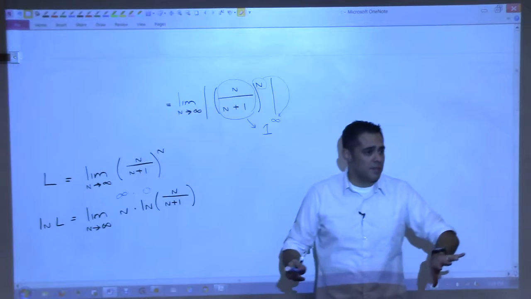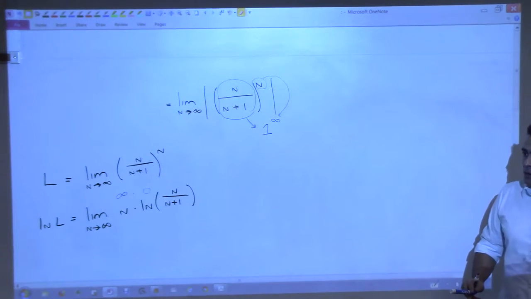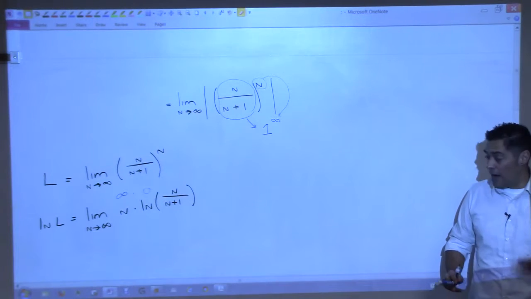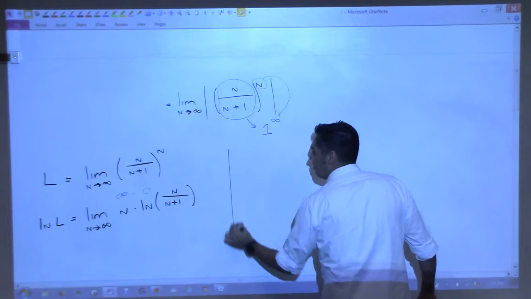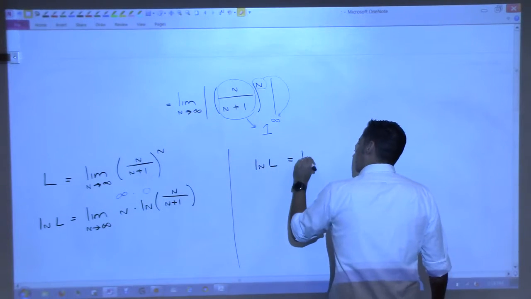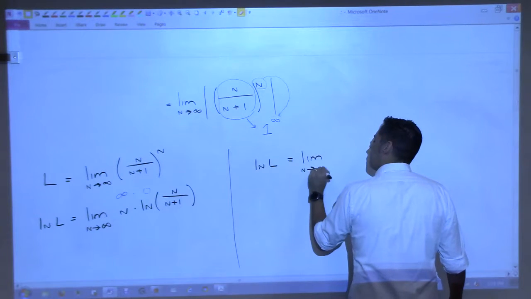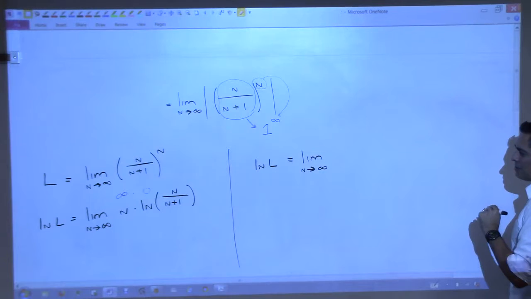So we're actually making steps towards L'Hopital. We now need either infinity over infinity or 0 over 0. So how do we do that? Again, in Cal 1, no? Natural log of L equals limit n goes to infinity. I know one of my former Cal 1 students is about to tell us what we do.